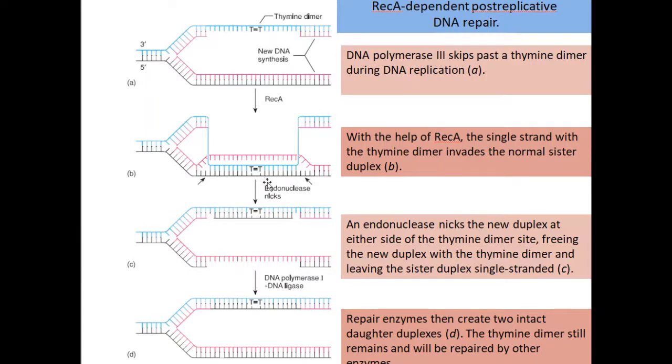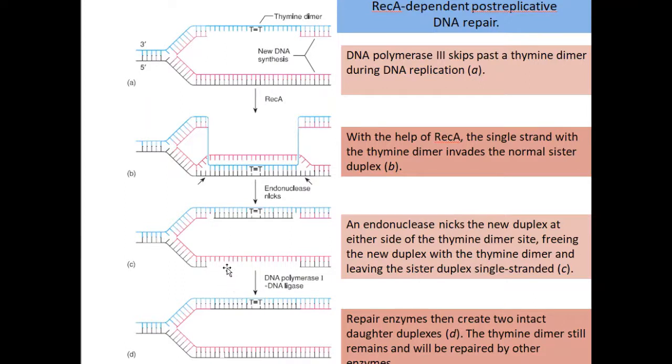After that, what happens? Some endonucleases will come and produce two nicks on both sides. See here as well as here, some nicks are being provided. And once the nicks are produced, this black portion which was remaining attached to the duplex of thymine dimer will be transferred towards the defective DNA here.